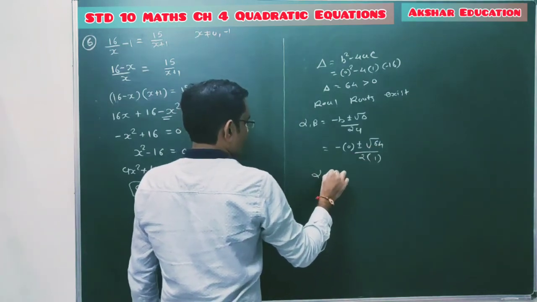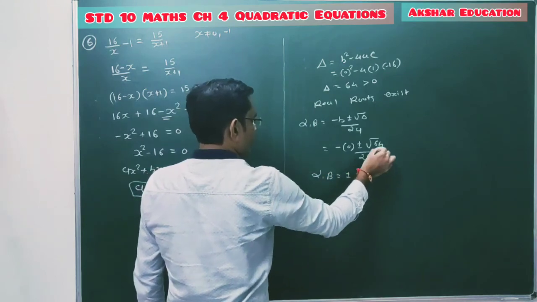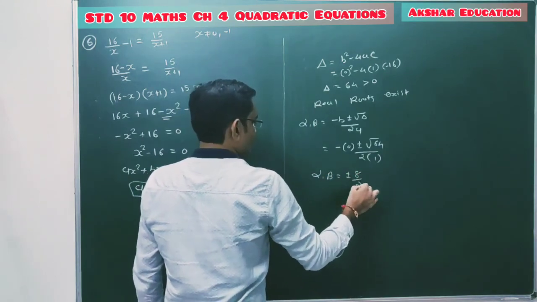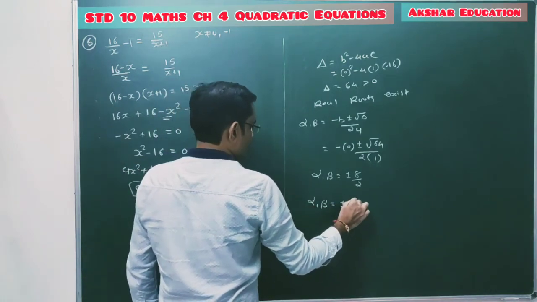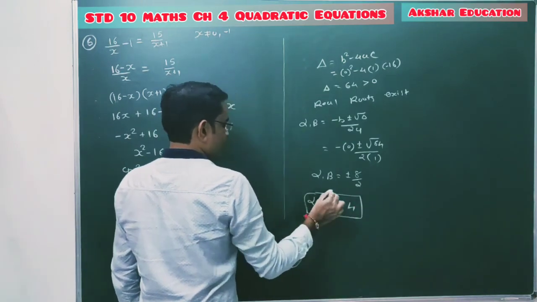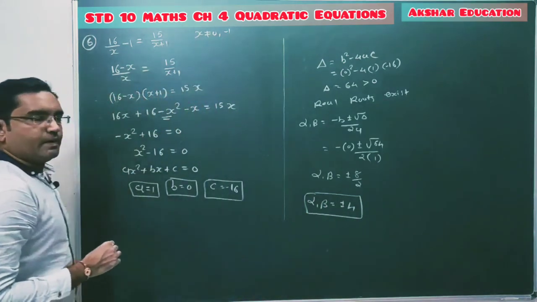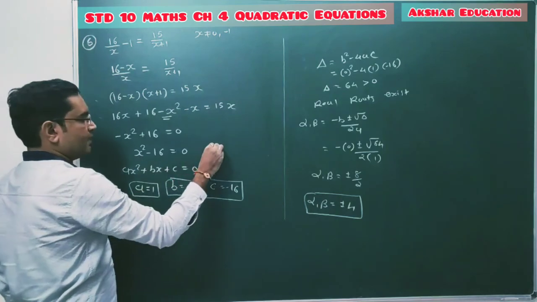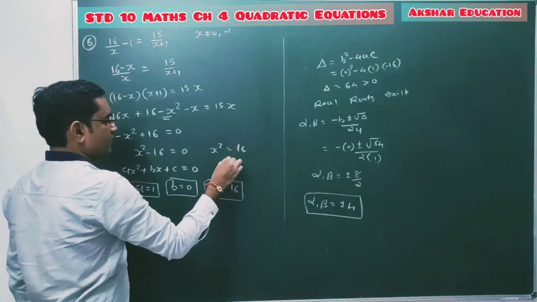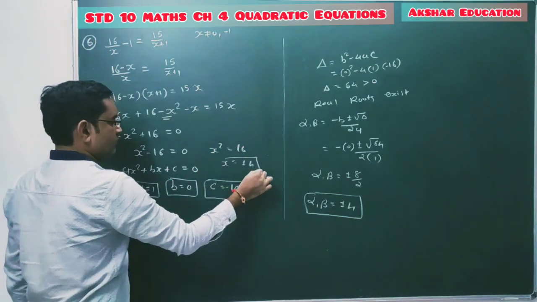So alpha and beta equal to plus or minus square root of 64 is 8 by 2. So alpha beta equal to plus or minus 4. Two roots are there, alpha is plus 4, beta is minus 4. Clear students? नॉर्मली आप क्या करते हो, यहाँ पर एक्स स्क्वायर माइनस 16 डायरेक्ट आप कर देंगे एक्स स्क्वायर इक्वल टू 16 और एक्स इक्वल टू प्लस और माइनस 4, है ना.